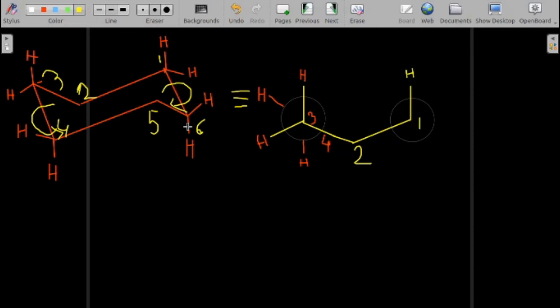So for this, this axial hydrogen is at this position, and this equatorial hydrogen is at this position, and these equatorial hydrogens are at this position.